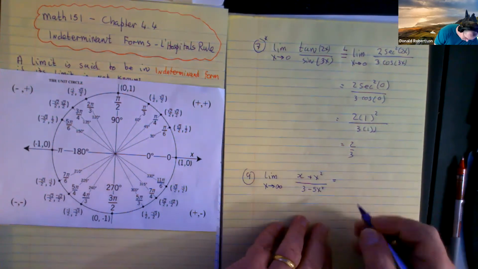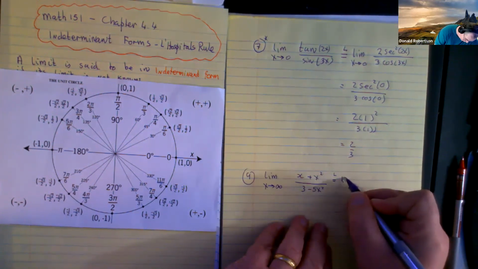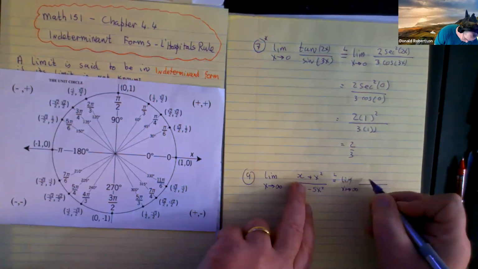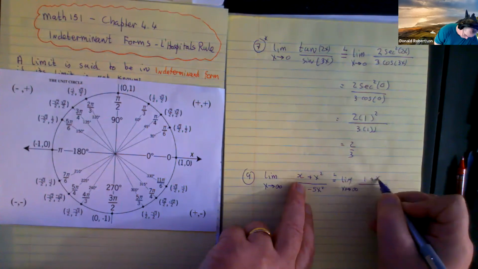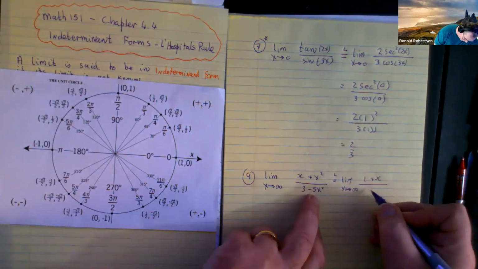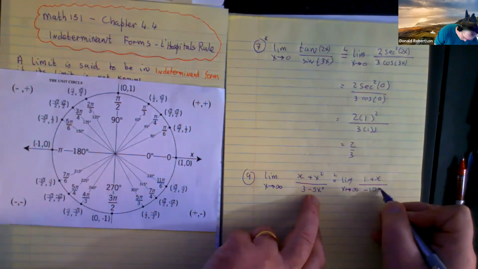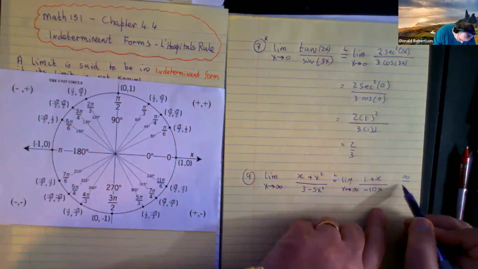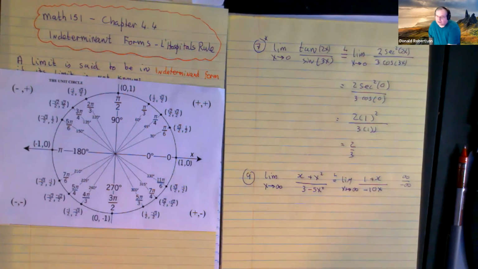It's definitely indeterminate, so I'm going to use L'Hospital. You get 1 plus x and nothing, and you get negative 10x. Now, if you plug infinity into here, you get something like infinity over negative infinity. Would you agree it's still indeterminate? I don't know what infinity over infinity is.